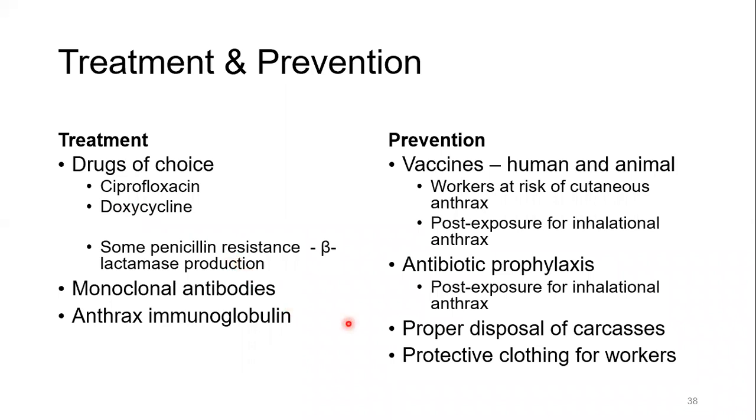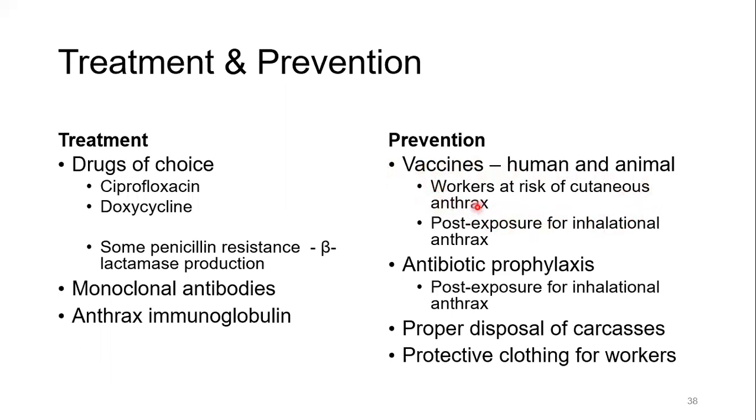In terms of prevention, we have vaccines, and that's both for humans and animals. For humans, mainly for people at risk, so individuals who come into contact with animals, for example veterinary officers or people working in butcheries, should have the vaccine.